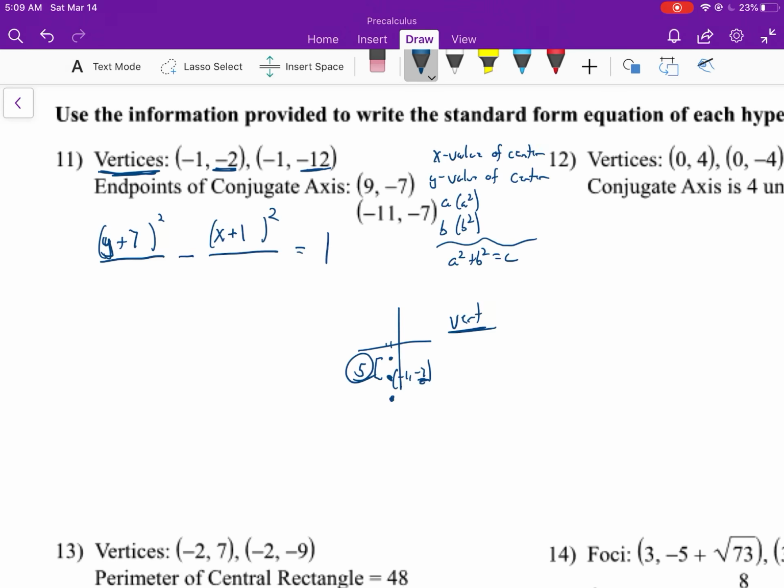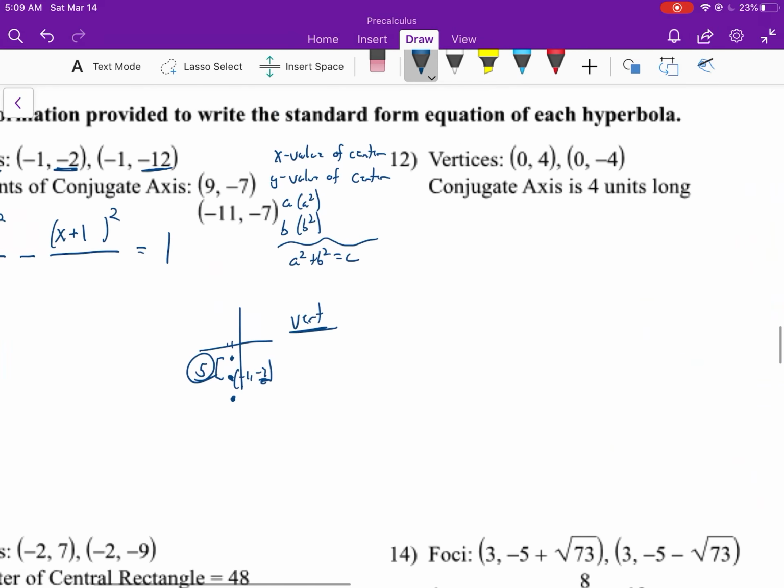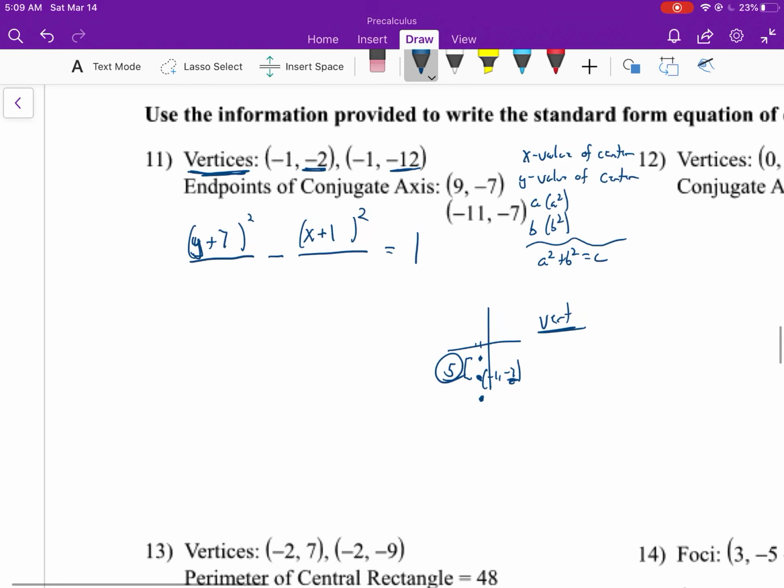That's the distance from the center to the vertex, which remember is our a value. Now this one here is a horizontally facing one. This is vertical. So the a goes under the y. So that's 5 squared. So we have 3 of the 4 things: the x value of the center, the y value, and a.